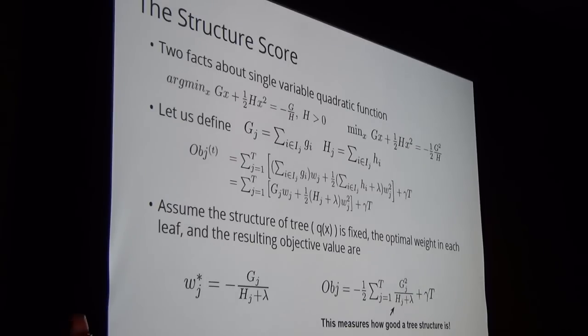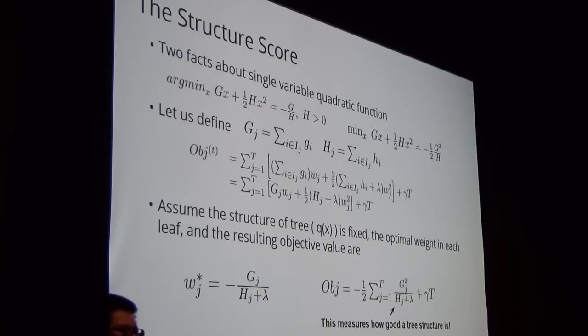So given our existing tree structure, we can find an easy scoring function to score this objective. This scoring function basically measures how good a tree structure is, given a fixed tree structure. And for this fixed structure, we also have a formula to give you the optimal leaf weight.